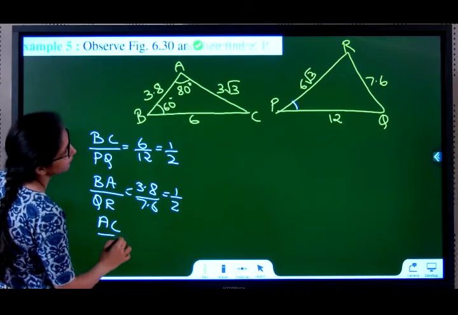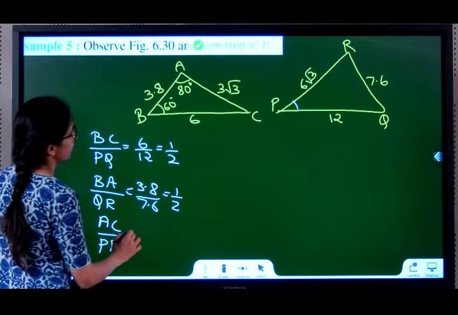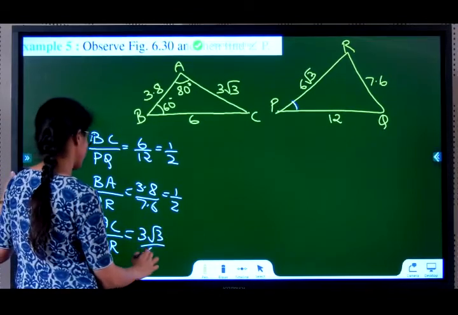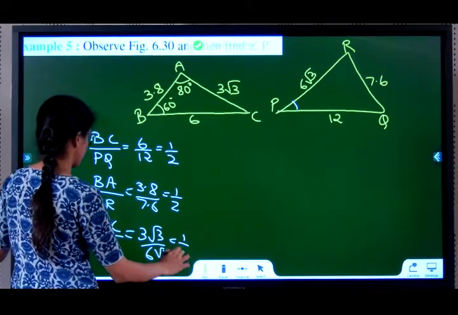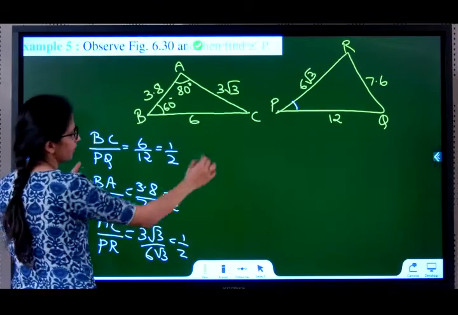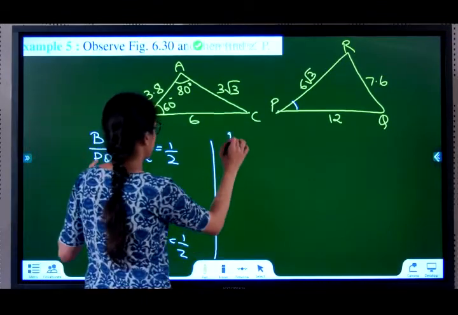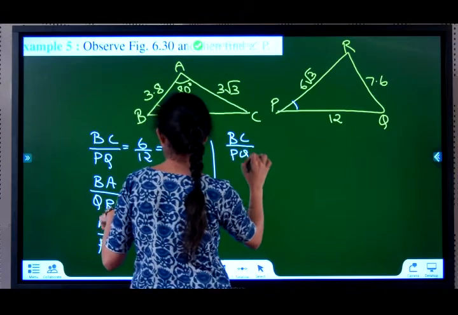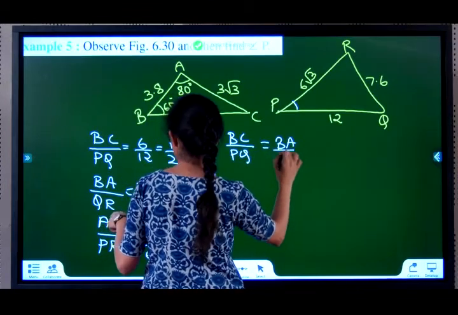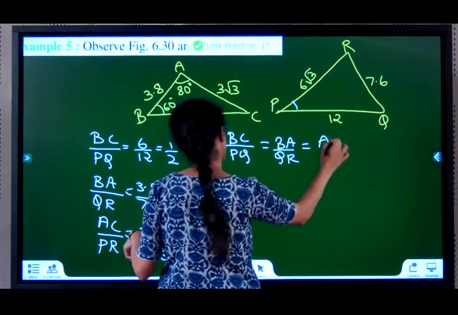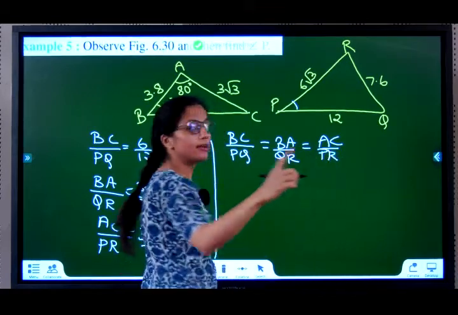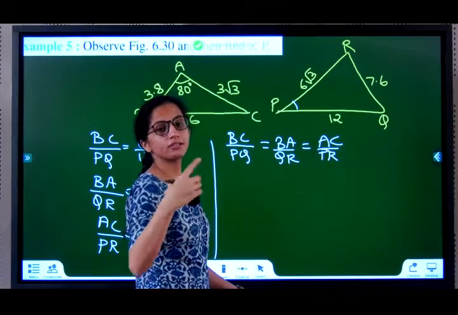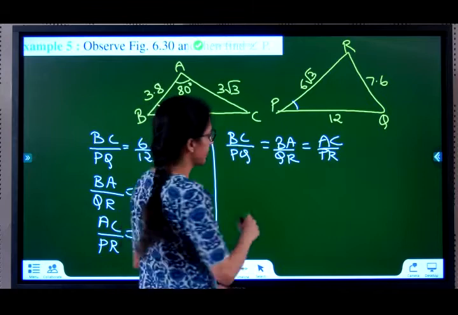AC by PR, 3 root 3 by 6 root 3, 1 by 2. Can you see all these sides? All of them are 1 by 2. So I can therefore write BC by PQ is equal to BA by QR is equal to AC by PR. Sides are proportional. The two triangles will be similar due to SSS similarity criteria.